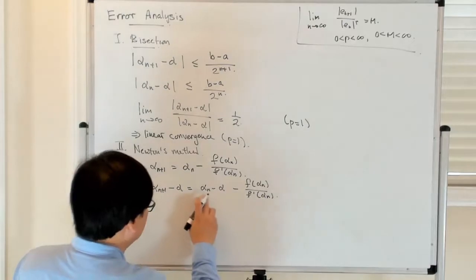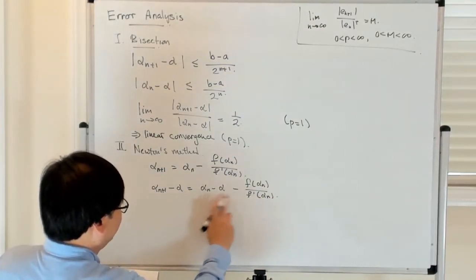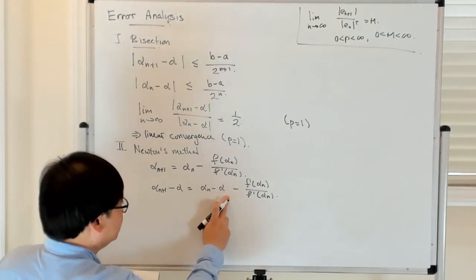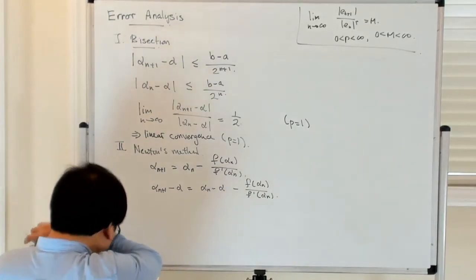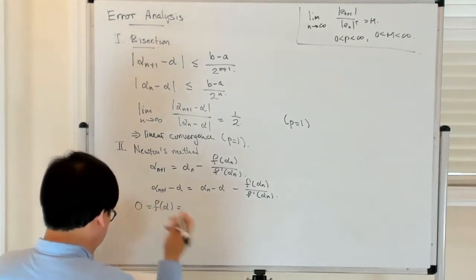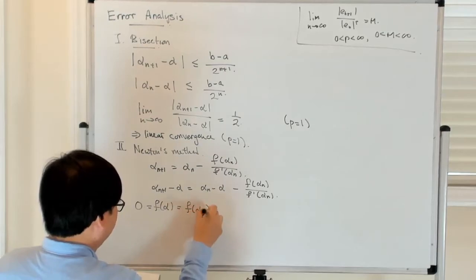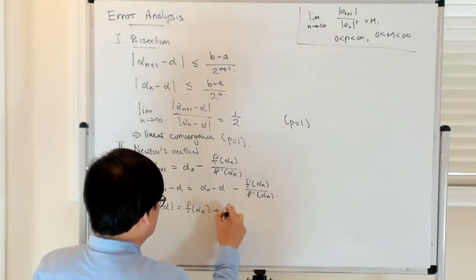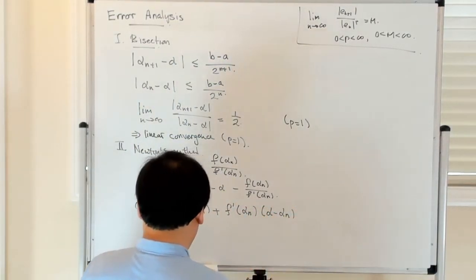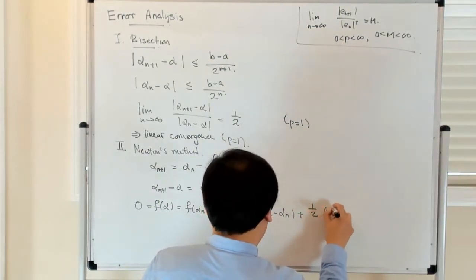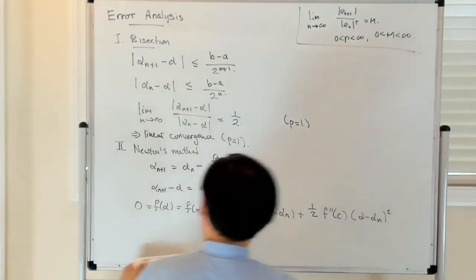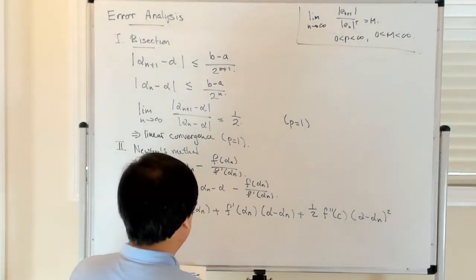If you recall, when we derived this, we did a Taylor expansion about alpha n and evaluated that Taylor polynomial at alpha, right? So you have f at alpha, which is 0 by definition, equal to f at alpha n plus f prime at alpha n times alpha minus alpha n, plus 1/2 f double prime at some unknown point c times alpha minus alpha n squared, right? So you have an equality because that is the Taylor remainder term.